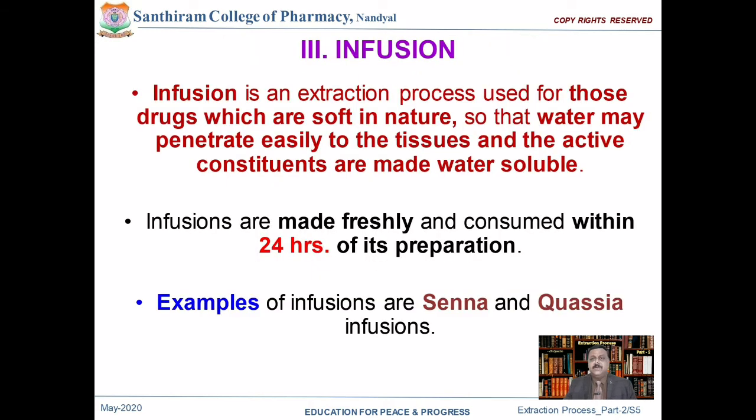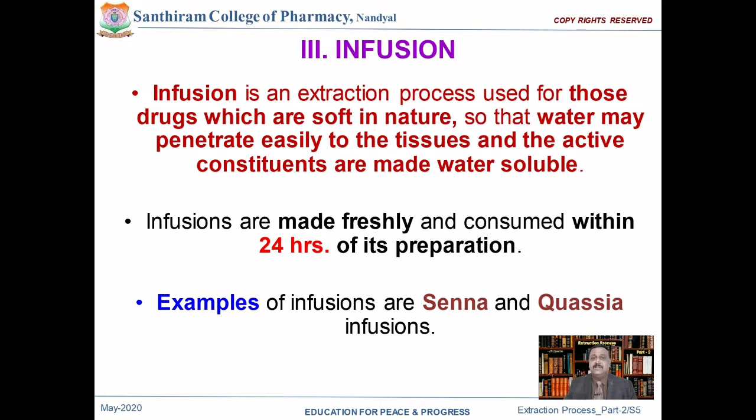The first objective of this video is infusion. Infusion is a process of extraction used for those types of drugs which are soft in nature, meaning crude drugs or plant parts which are soft in nature.